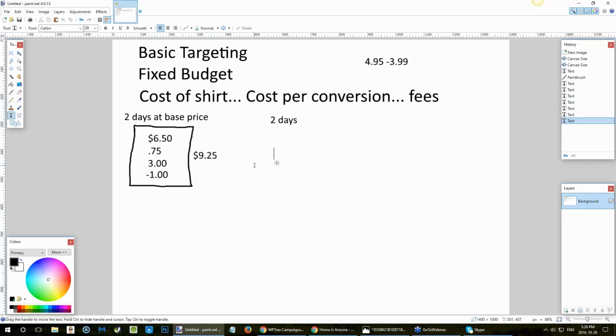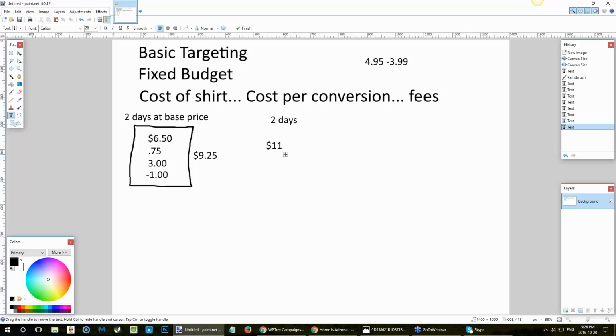Now remember, you put out 20 designs at base price and you're watching to make sure that it's not costing more than $3 a conversion. And it shouldn't at a super low price of $9.25. We're going to bump this up to, let's just call it $11.